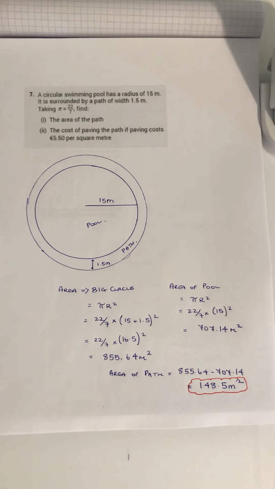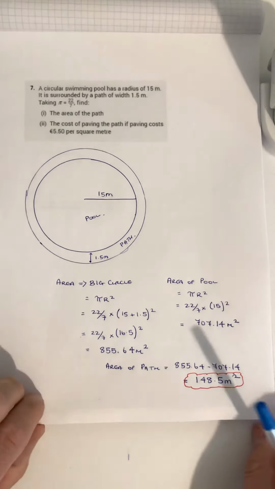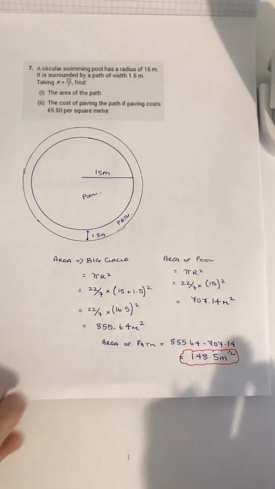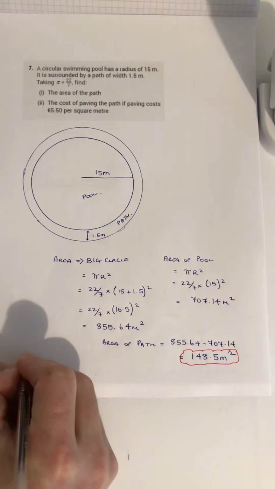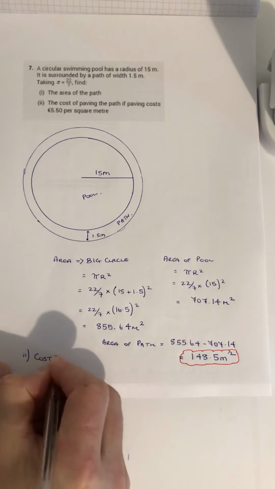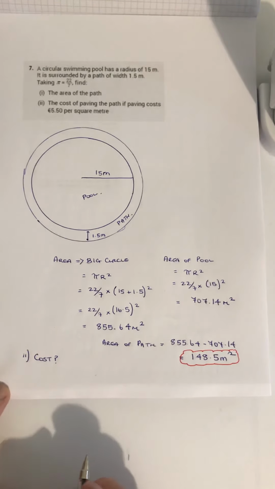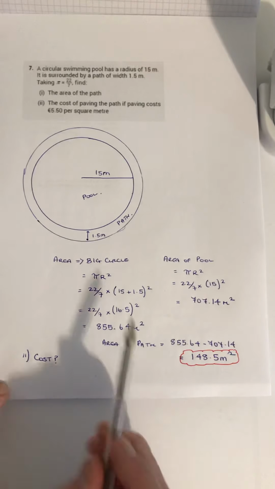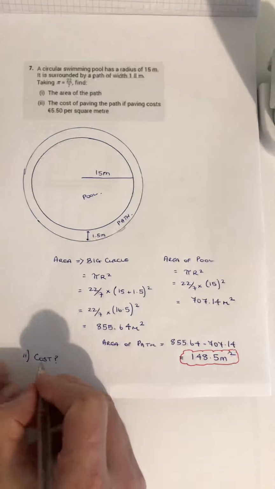Now, the cost of paving the path. So I'm just going to move this up a little bit. So part 2 then, the cost, question mark. So how are we going to find the cost? Well, it's €5.50 per meter squared.